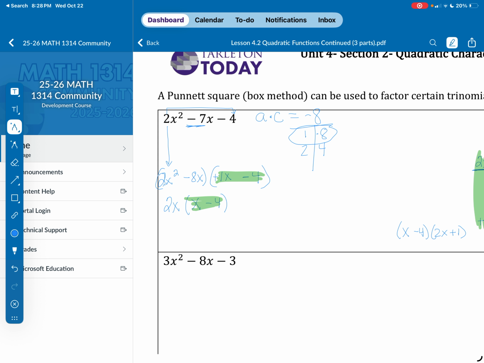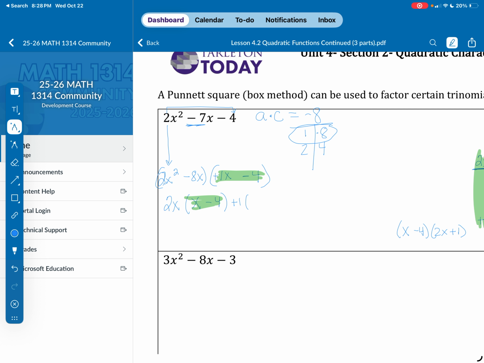All right, did you choose positive 1? So if I took 1x divided by 1, I would get 1x. And if I took negative 4 divided by 1, I would get negative 4. Okay, so I'm going to pull out a positive 1. And again, 1x divided by 1 gives me x, and negative 4 divided by 1 gives me negative 4.